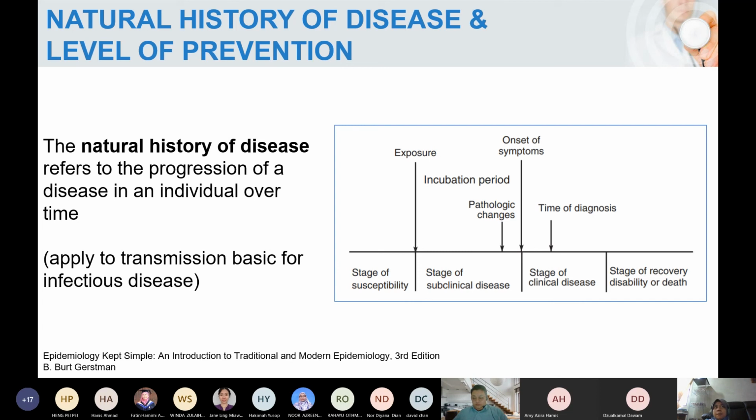Another example, during the H1N1 pandemic it was a novel virus at that time, so we didn't have the natural history of disease. We borrowed from influenza or SARS at that time. It takes time. Even now, in our third wave of COVID-19, the stage of recovery and death is a bit different.